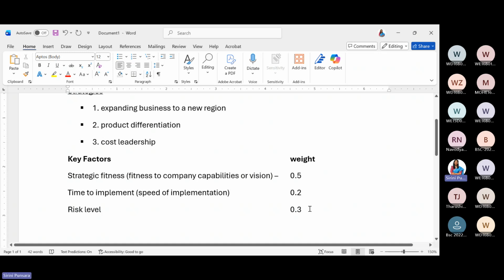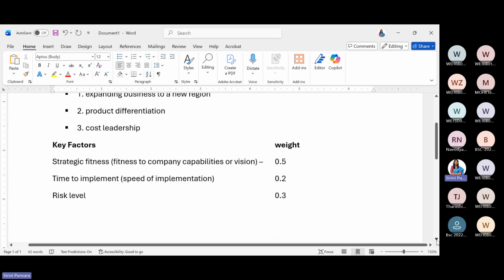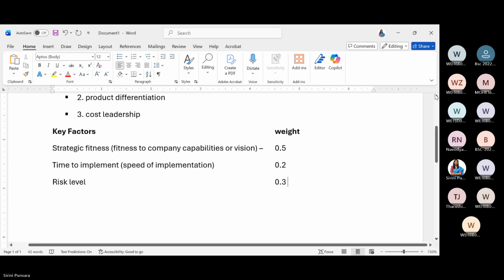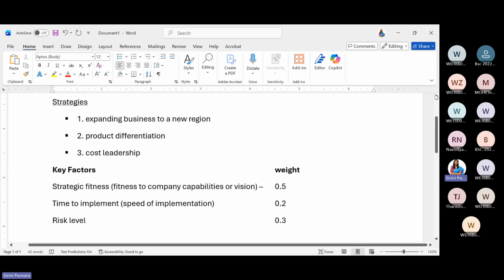Then against these weights, against these factors, we are going to rank these 3. So I will draw a table here. So first you can write these points.